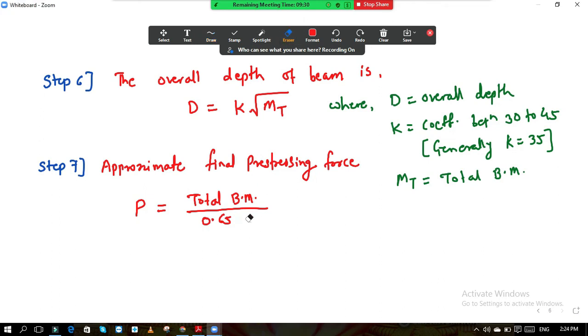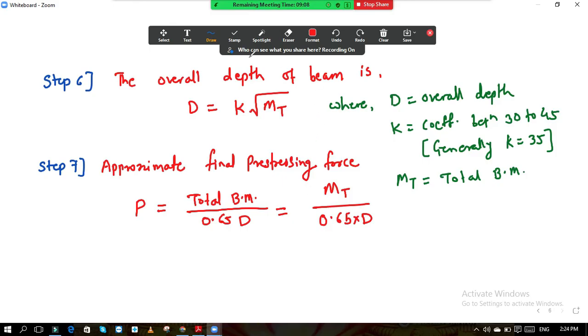Here d is not small d, capital D, which is equal to MT divided by 0.65 D. This is your step number 7, calculation of stressing force.